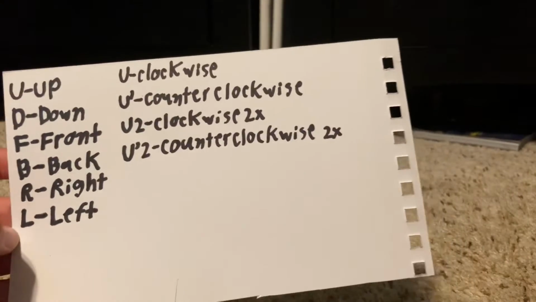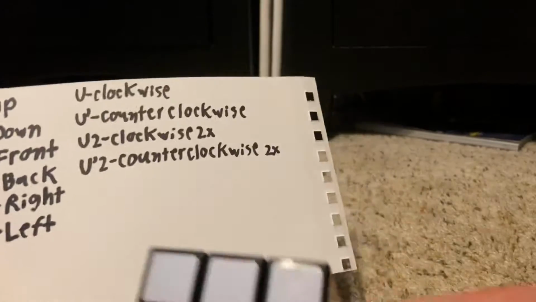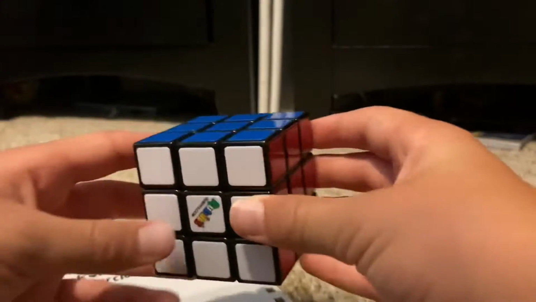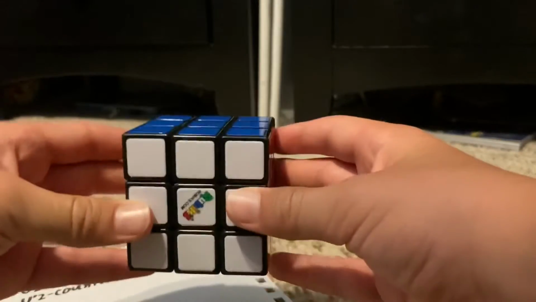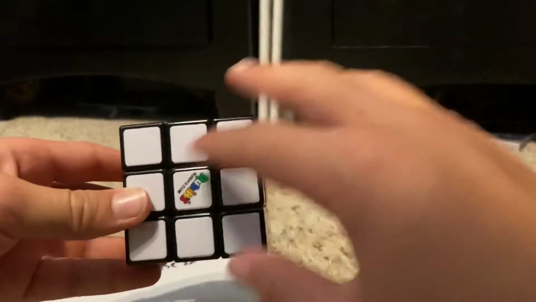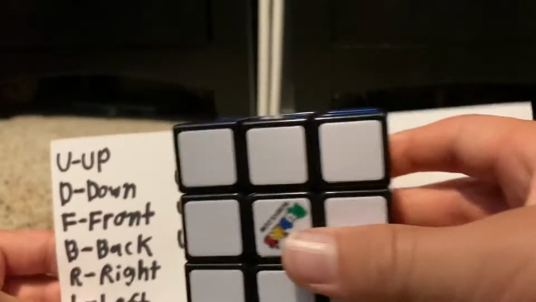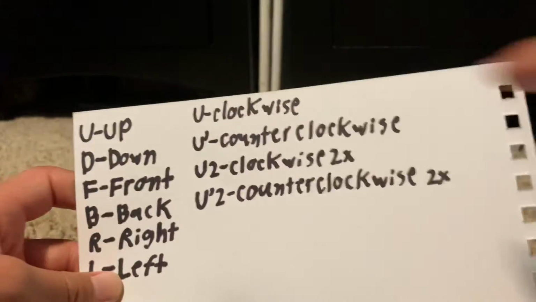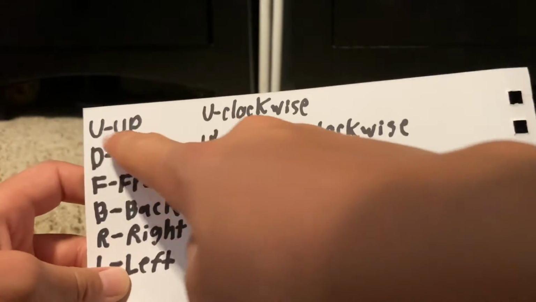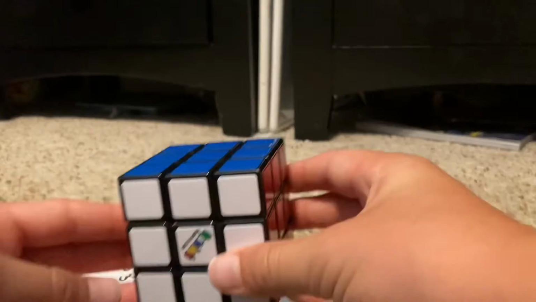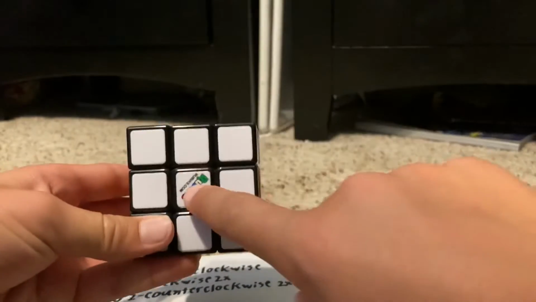On a cube, you have where you're facing it right here. When we're facing it like this, there are certain parts of the cube that you can turn. On here, the first one, as you can see, U means up. When you're facing the cube like this, this is your front right here.